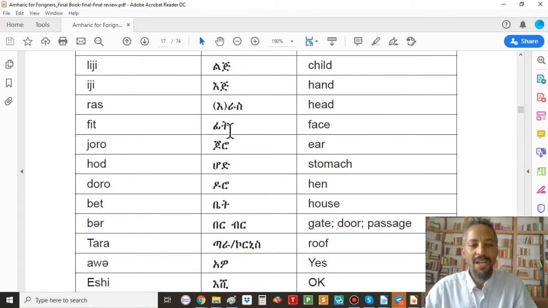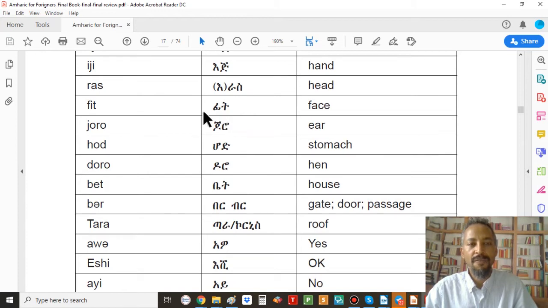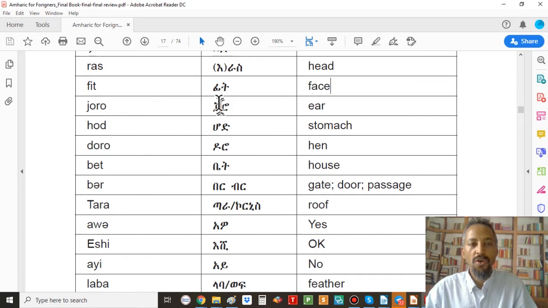Every language has its own way of pronouncing, and the intonation and stress are different. The phonetic and linguistic features are so different, so Amharic doesn't sound like English. Feet means face.